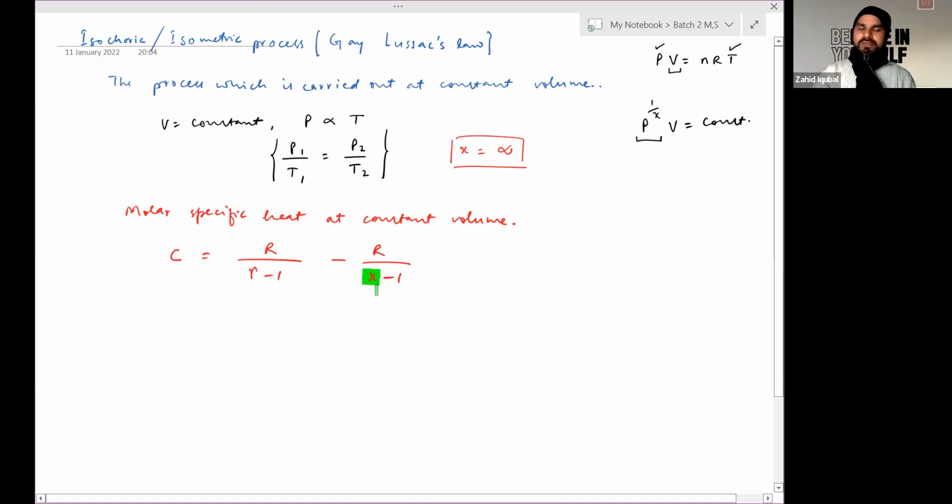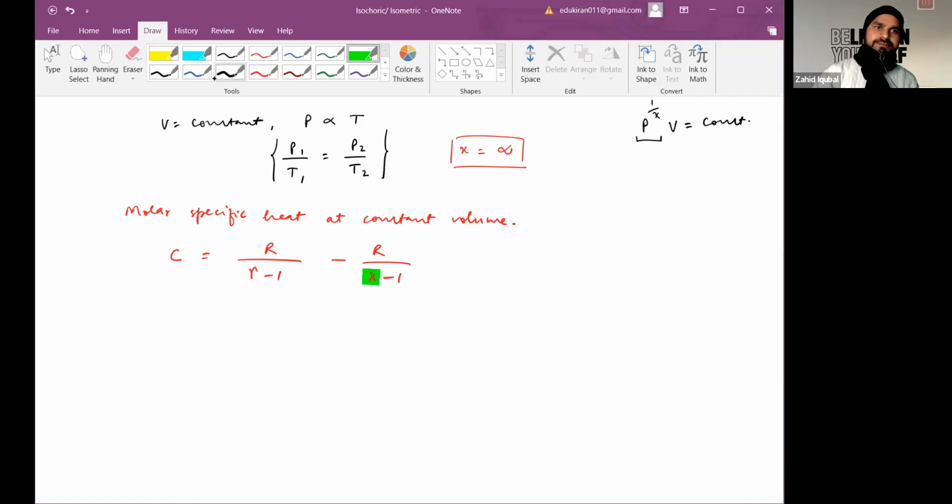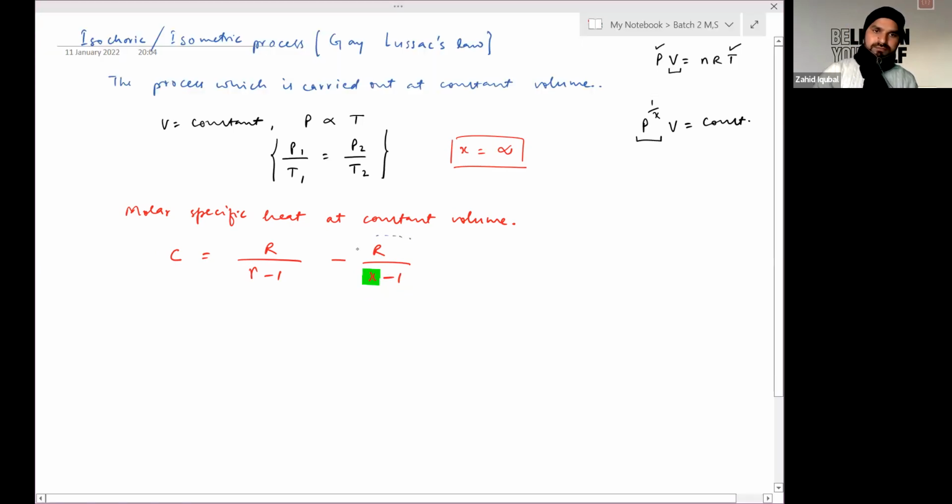Any number divided by infinity or simply 1 by infinity will be 0. So this entire term will become 0. So you're left with R by gamma minus 1. If you convert this gamma in terms of degree of freedom, you'll get F by 2 times R. And since this is process at constant volume, so it will be termed as CV. Shravya, is it clear? Yes, sir.